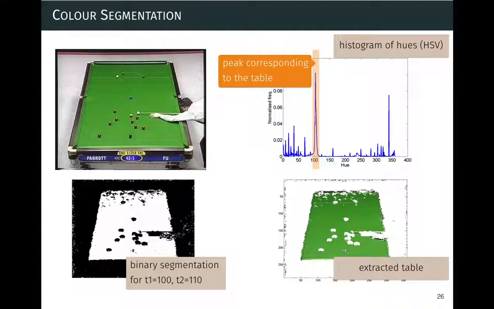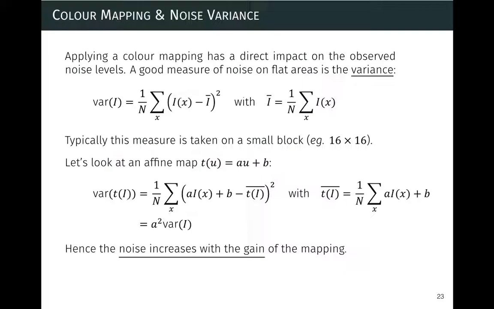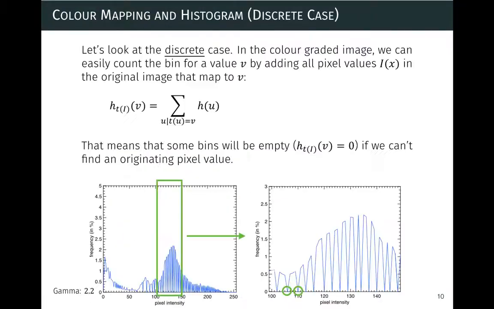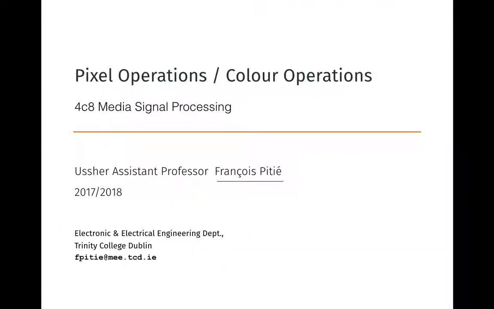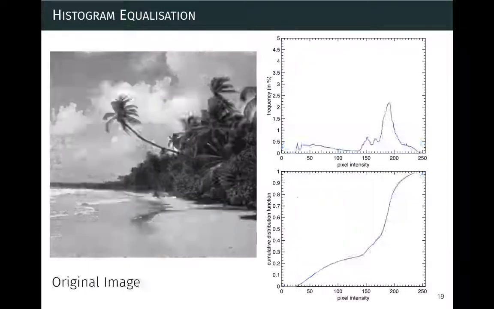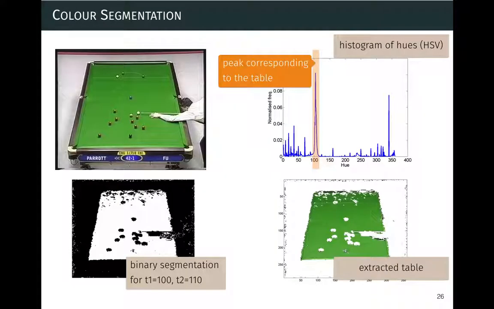A simple way of finding the green table is to work in HSV. Let me put that briefly back. It was in the first slides, previous course. Basically, the hue component corresponds to which color you're dealing with. So is it red or green?